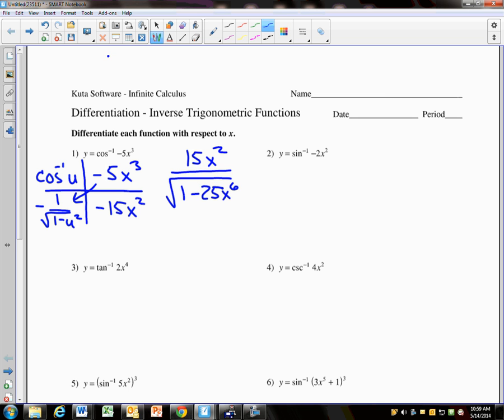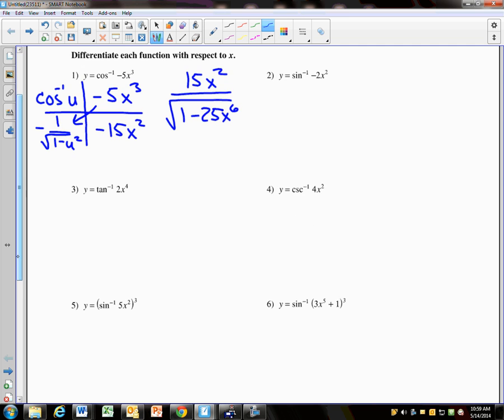Try number 2 on your own. You gotta square the x to the third as well.